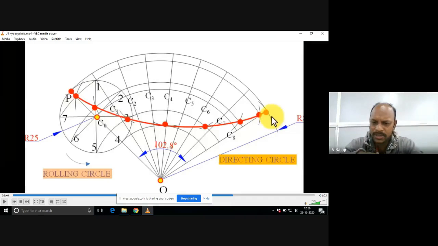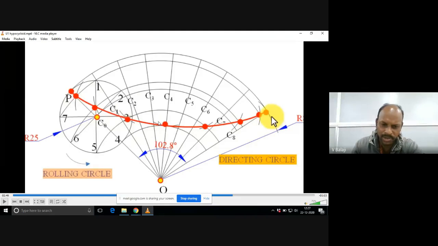So this is the way we need to draw. You need to know in advance that this is the hypocycloid, so that you can easily draw while using instruments. You will understand after getting 1 or 2 points that the next point will come here like that. Okay. So this is the way.